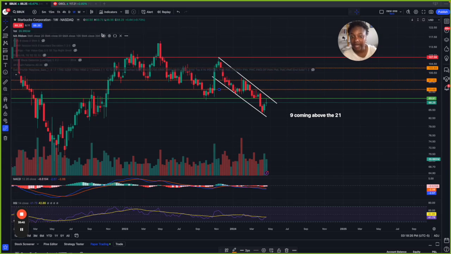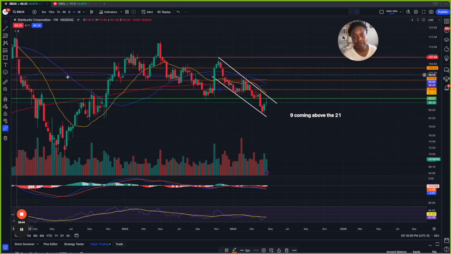So let's go ahead and look at our averages. Price is below our averages. We have a death cross here with the 50 crossing below my red 200 moving average, and the 20 crossing below my 100 moving average. Bearish signals up there, right?